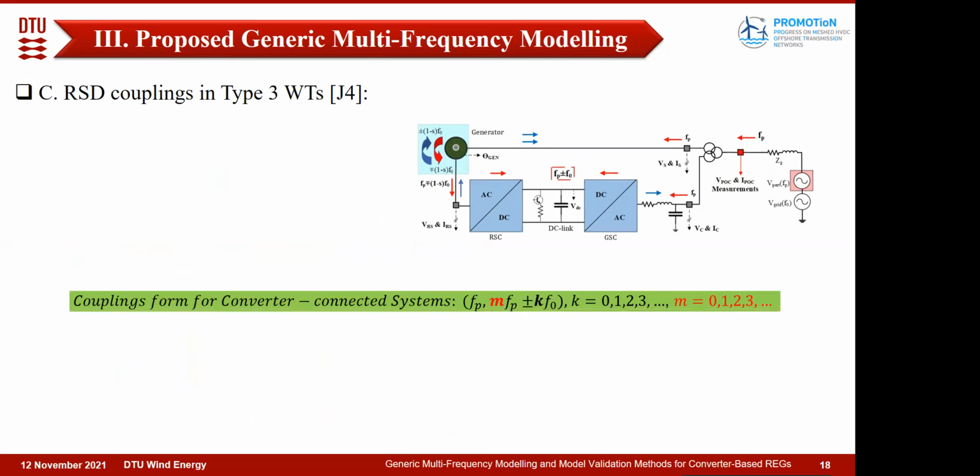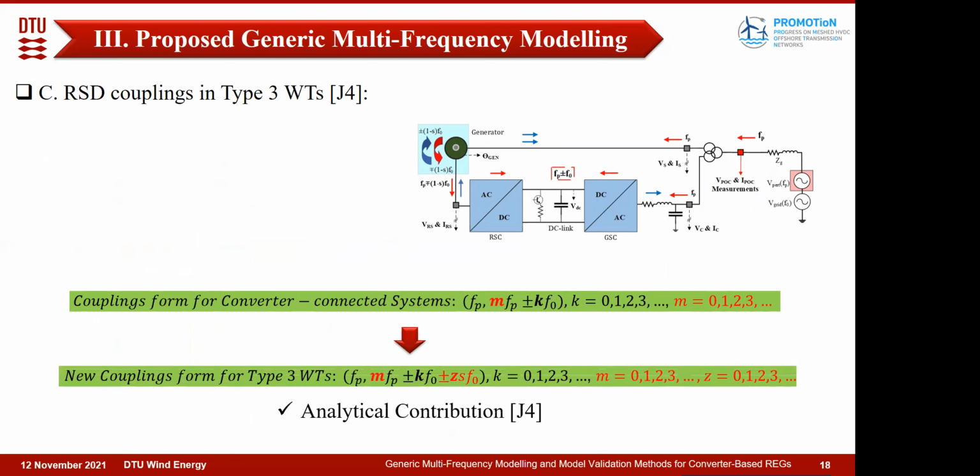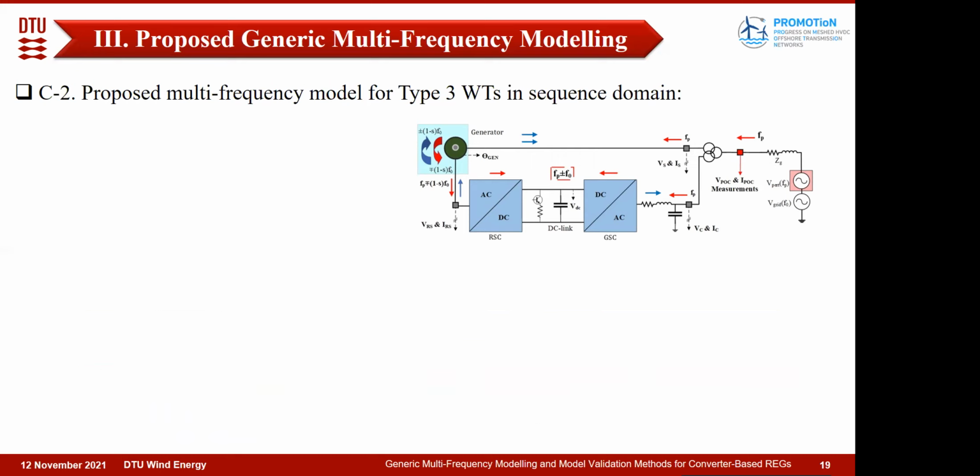Then the hypothesis is that the rotor speed dependent emissions can cause rotor speed dependent couplings. So our proposal is that we can generalize the proposed forms further to include the rotor speed in the forms of the couplings, and in some of the couplings we expect to observe this dependency.